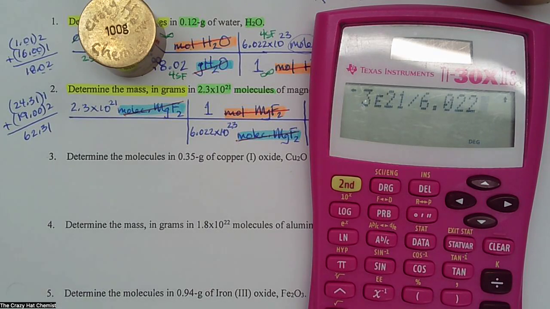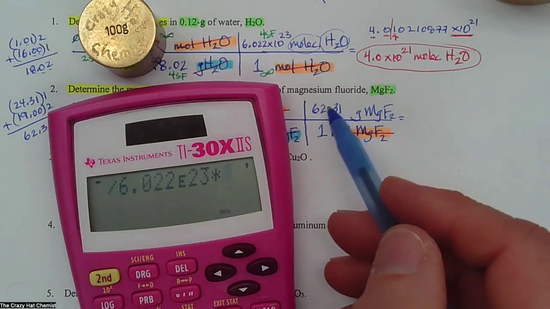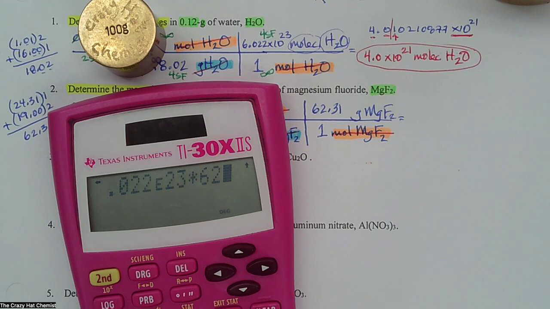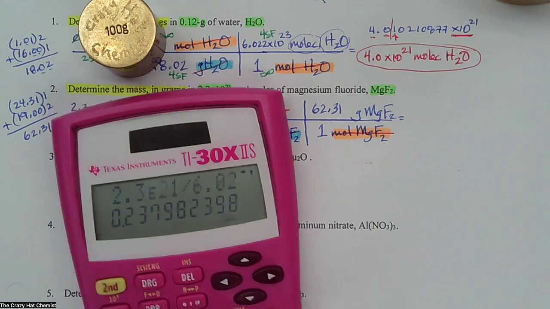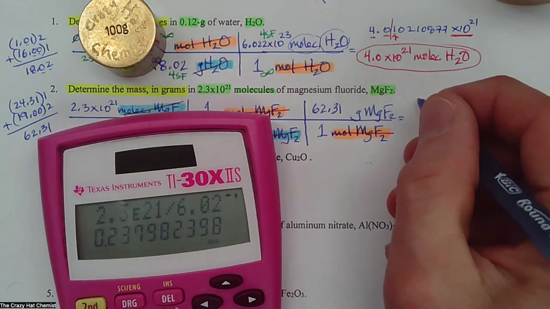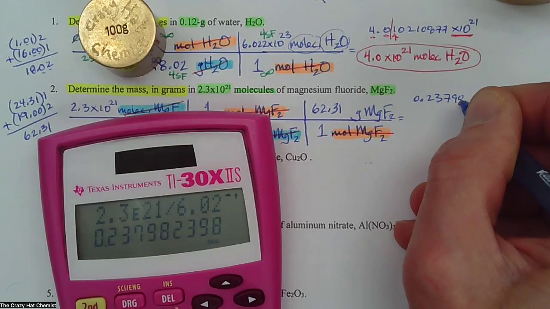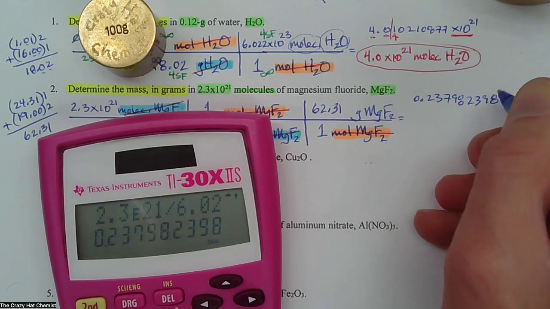6.022 and then times 10 to the is this and that right there. 23rd is the exponent and then it is times 62.31. I'm going to get a number for this. This is in my calculator right there. I'm going to actually write that number down in blue up above, 0.237982398.